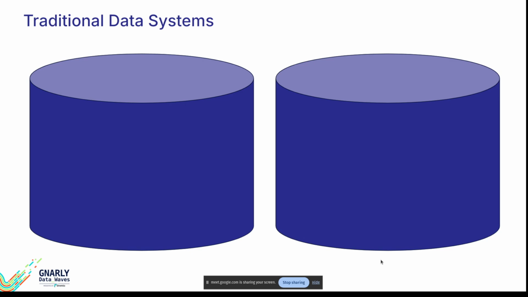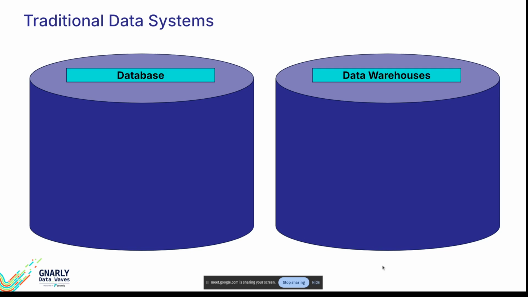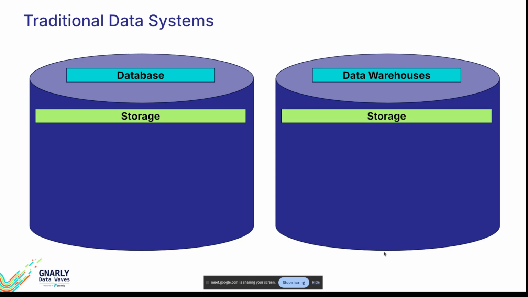But essentially, to understand a data lakehouse, we need to know what came before. Generally, what we've done as far as data processing up till now is we use two types of systems: databases and data warehouses. The beauty of these systems is that they're complete software packages that do all the things for us. They figure out how we're going to store the data.